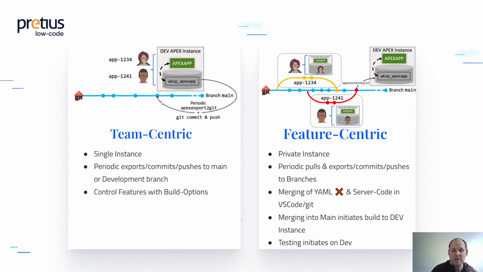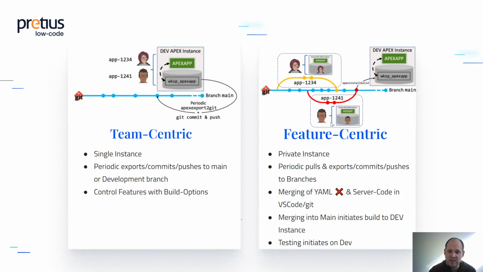Each commit to the application is a representation of the whole team's progress towards all those features. So you can periodically export and import and commit and push to the main development branch. You can control these features with build options.